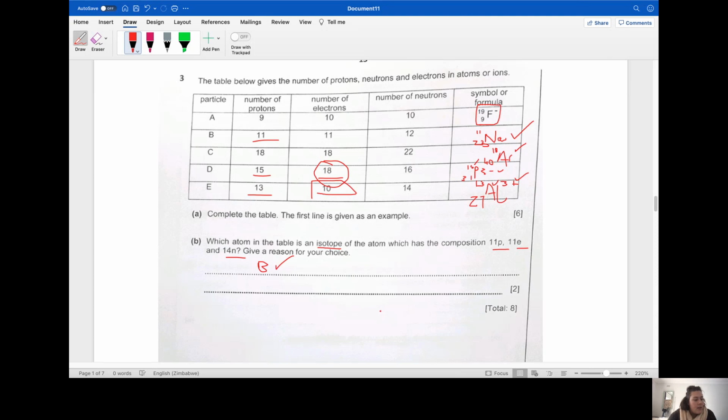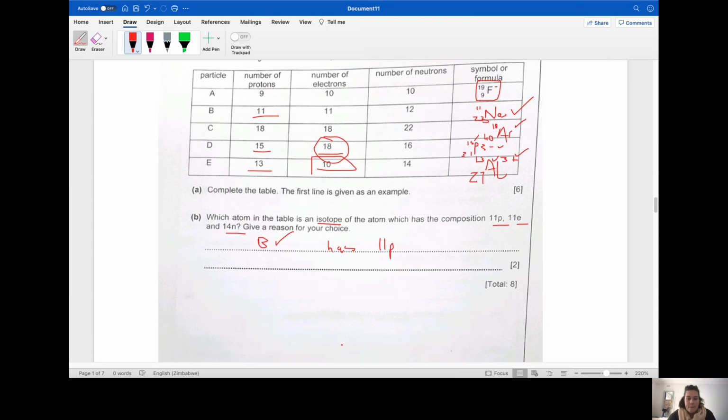Okay, the condition is that it has 11 protons, or it has the same number of protons or something like that. Okay, all you had to do there was find what has 11 protons. Oh, it's element B, so that must make an isotope. Okay. So this one was a trickier question because you had to actually apply your knowledge to the periodic table, but you need to learn how do I use my periodic table.